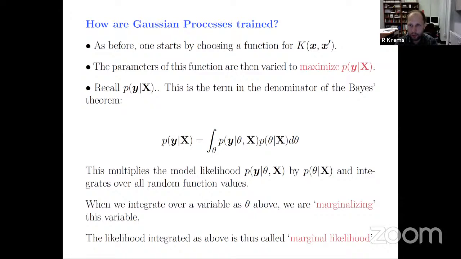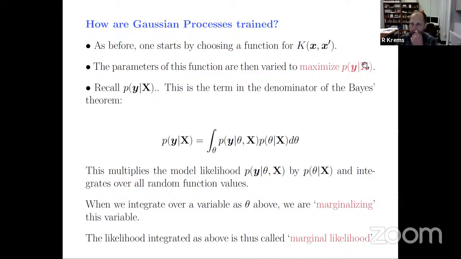We're going to talk about what the kernel in the context of Gaussian processes means in just a couple of minutes. But one would start by choosing a mathematical function for the kernel function. And then the parameters of this function have to be optimized somehow. So they're going to be optimized by maximizing this quantity here, the p(y given x).